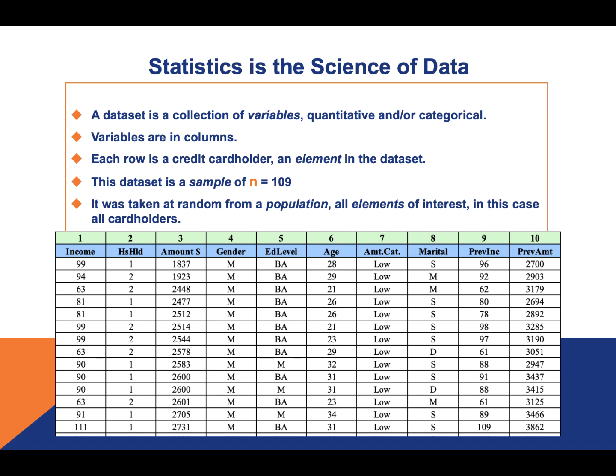The data set is a sample of n equals 109, our first symbol, n. It was taken at random from a population. A population, unlike a sample, is all elements of interest, in this case, all cardholders, whereas our sample is simply a subset of that population.